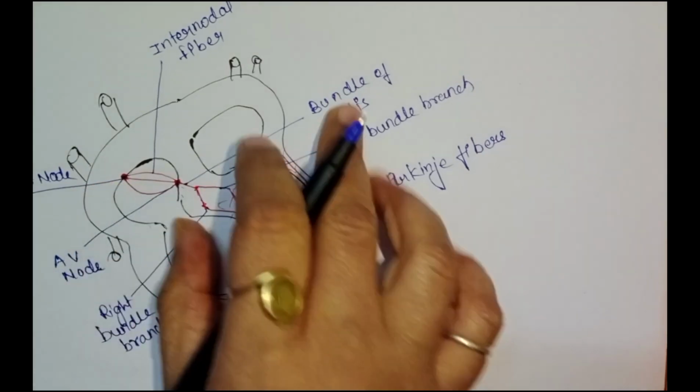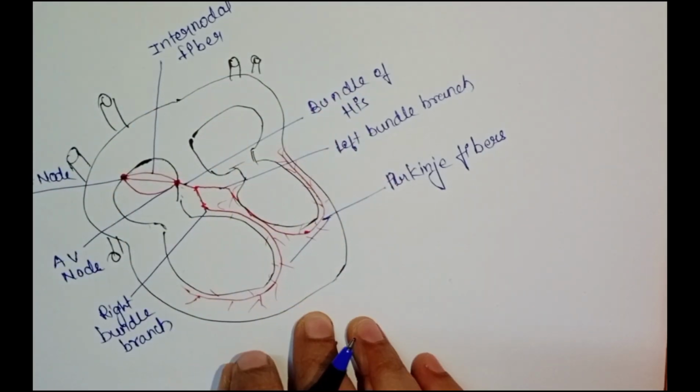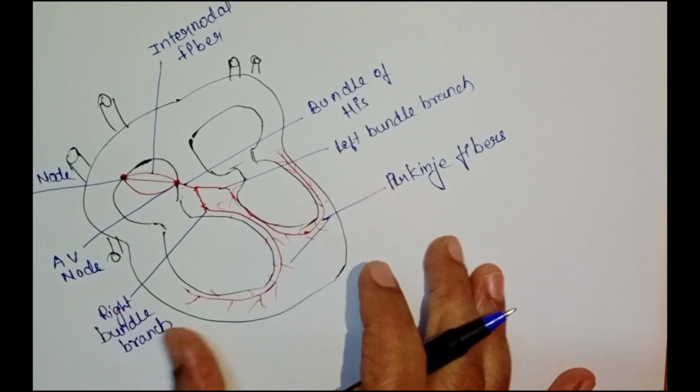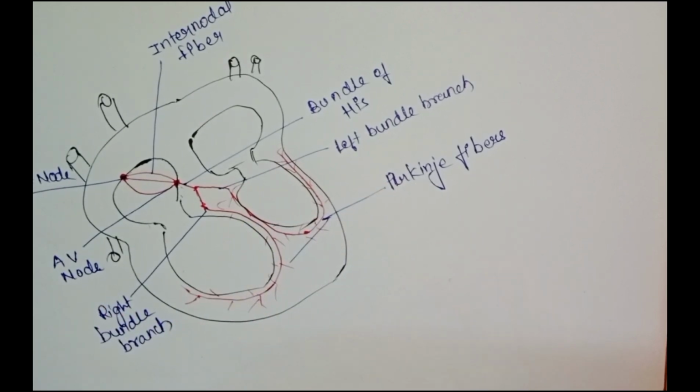This is the structure of SA node and the conducting system of heart. This diagram shows the overall conducting system of heart.